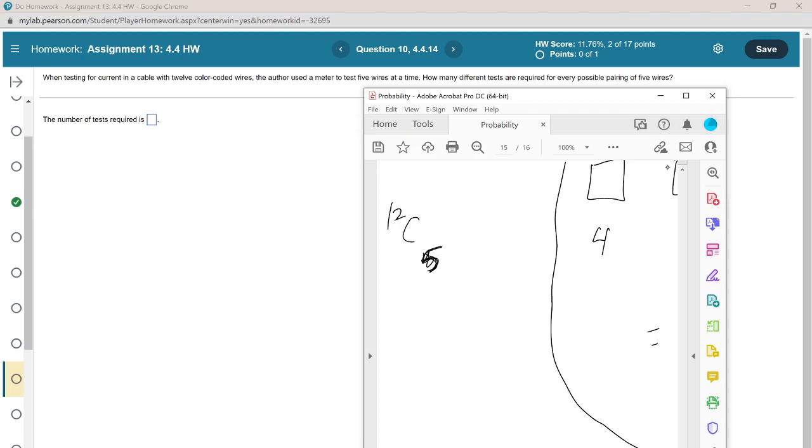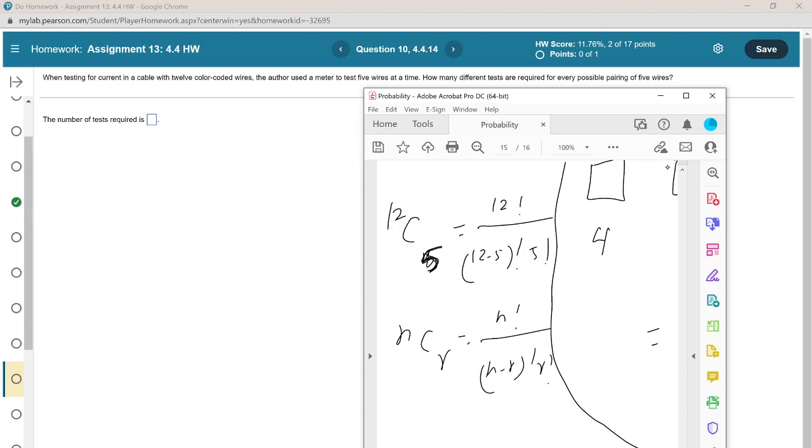So you have to choose 5 out of 12, which is 12 factorial over 12 minus 5 factorial times 5 factorial. That is the combination formula: n choose r is n factorial divided by n minus r factorial times r factorial.